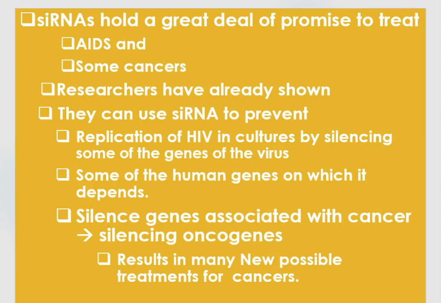They can also use short interfering RNA to silence genes associated with cancer, that means to silence oncogenes. So, silencing oncogenes results in many new possible treatments for many cancers.